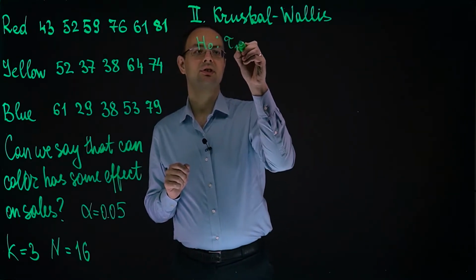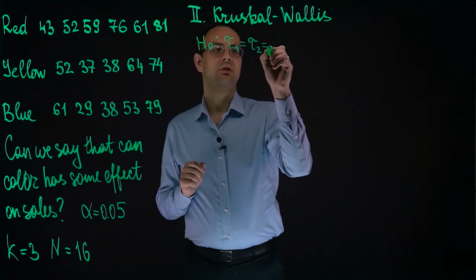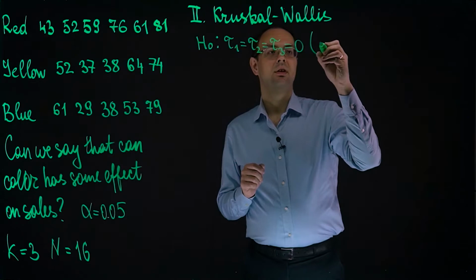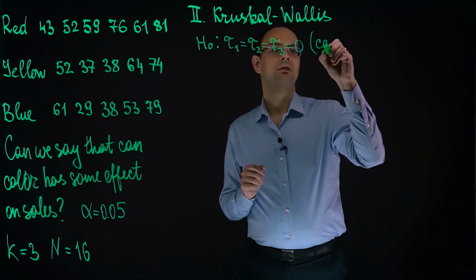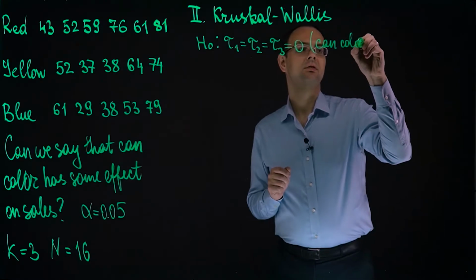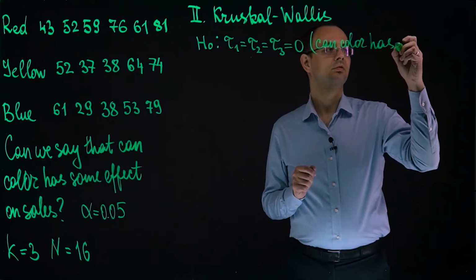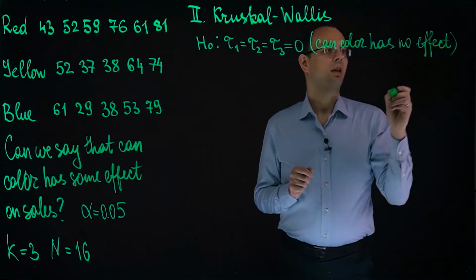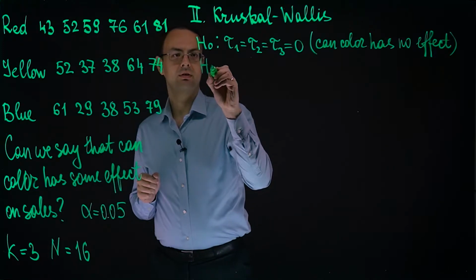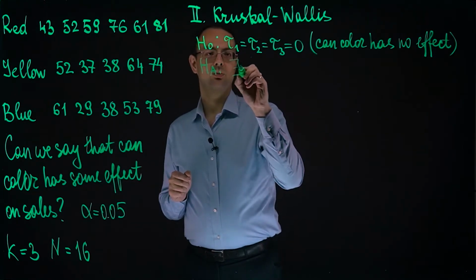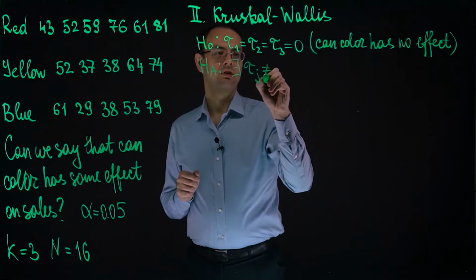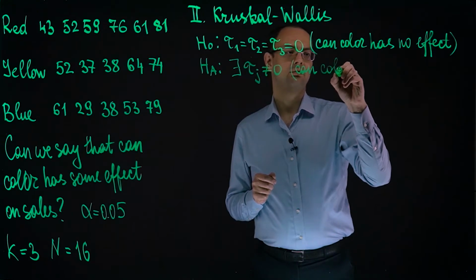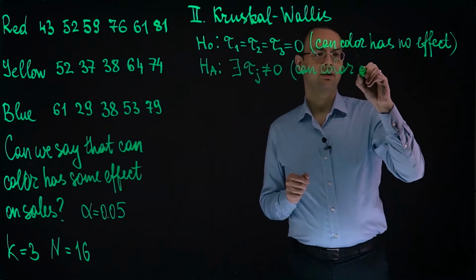The null hypothesis is that all taus are equal to 0, and this means that Kahn-Keller has no effect. And the alternative one is that at least one of them is non-zero, and this means that Kahn-Keller has some effect.